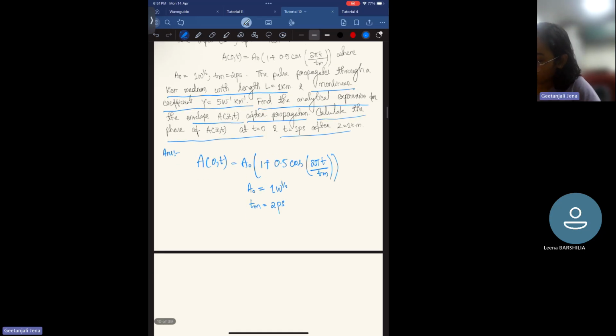So, to calculate the phase, we need to find out the square of the amplitude, because the amplitude will remain the same during propagation.